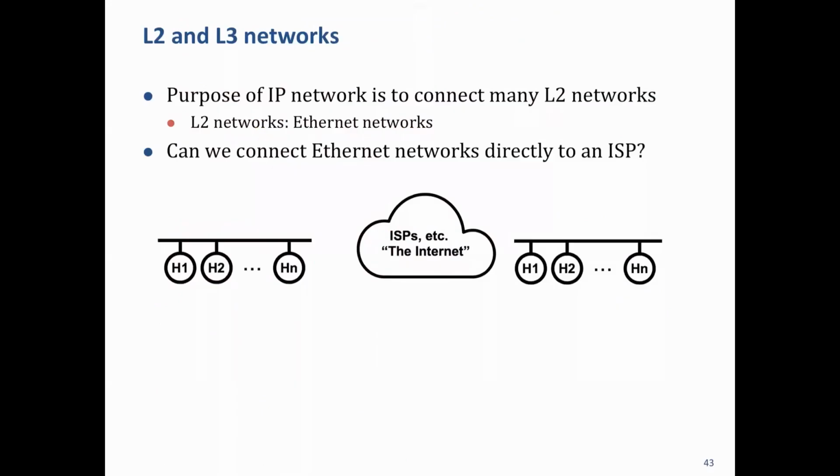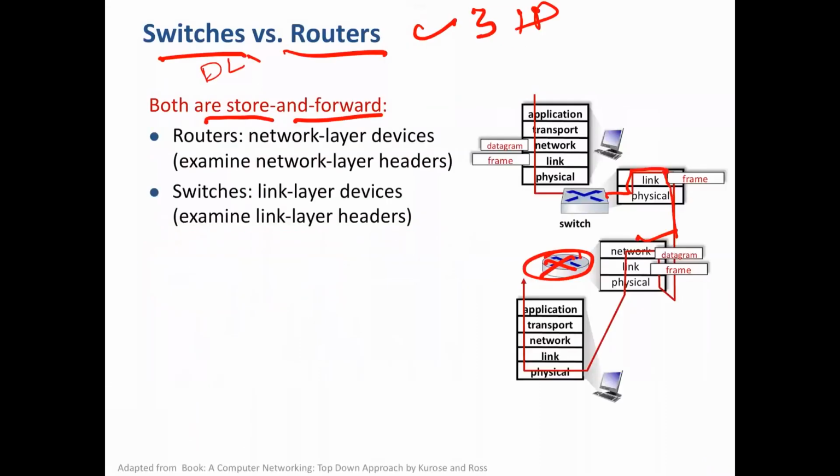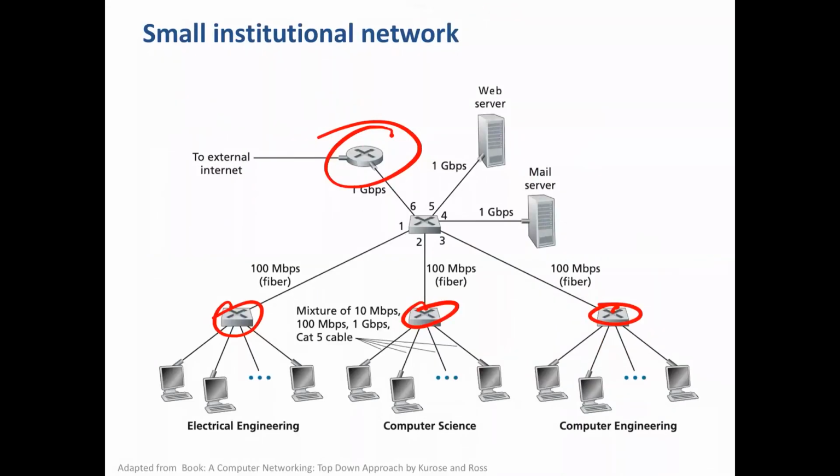Now what we can say is that L2 and L3 have to interact with each other. Note that the broadcast domain, whether it's a switch or Ethernet, is all the nodes in that network. As we have seen here, this is a switch, this also a switch, this also a switch.